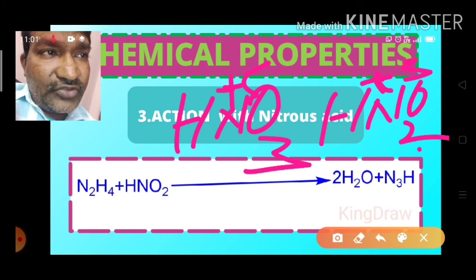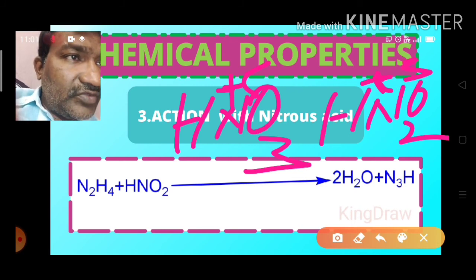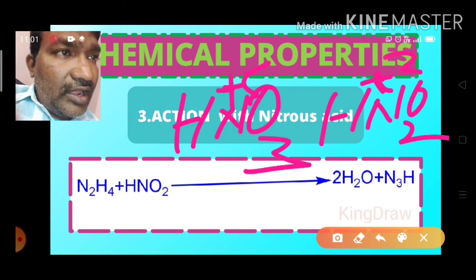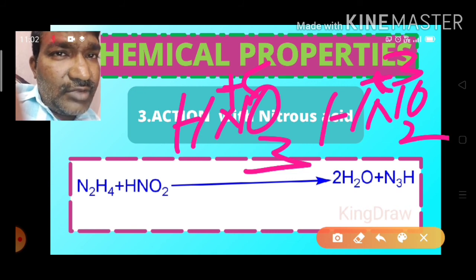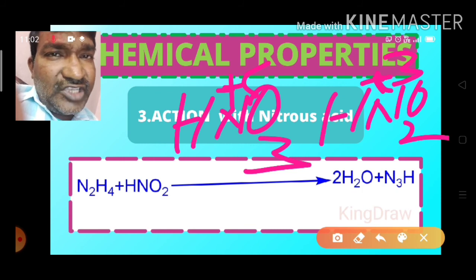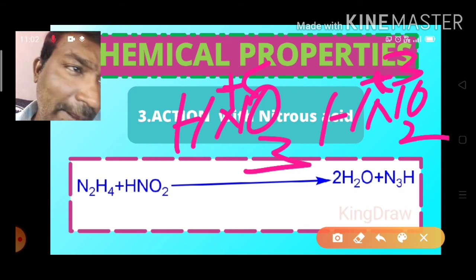Here minus 4 plus 1, that means nitrogen's oxidation state is plus 3. The lowest oxidation state of nitrogen is minus 3 and the highest is plus 5. So nitrous acid may move either to the plus 5 side or to the minus 3 side, so it may accept electrons or it may lose electrons. As a result, nitrous acid acts as a reducing as well as an oxidizing agent.